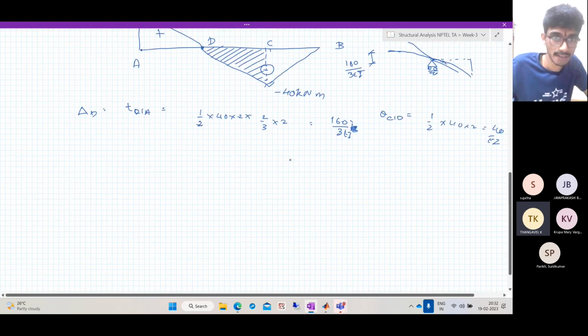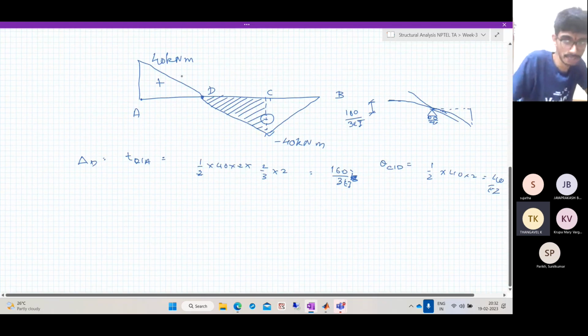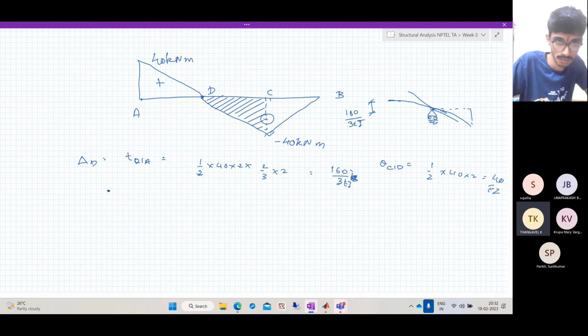Okay, so suppose this is the deflected shape. We are asked to find the slope here.